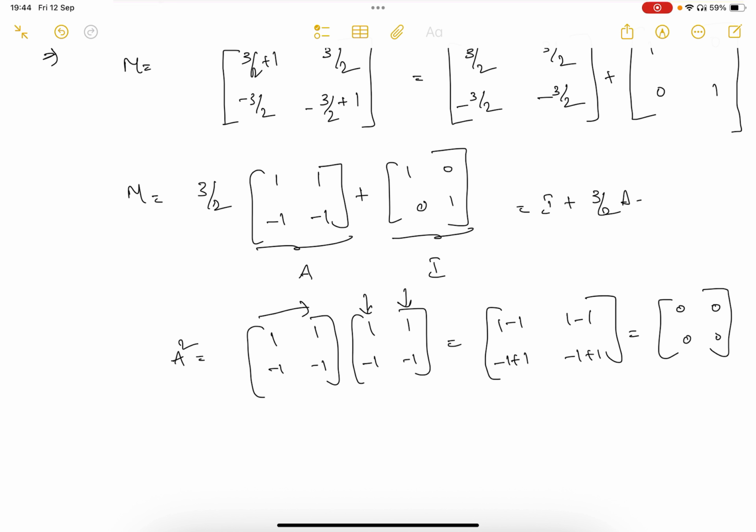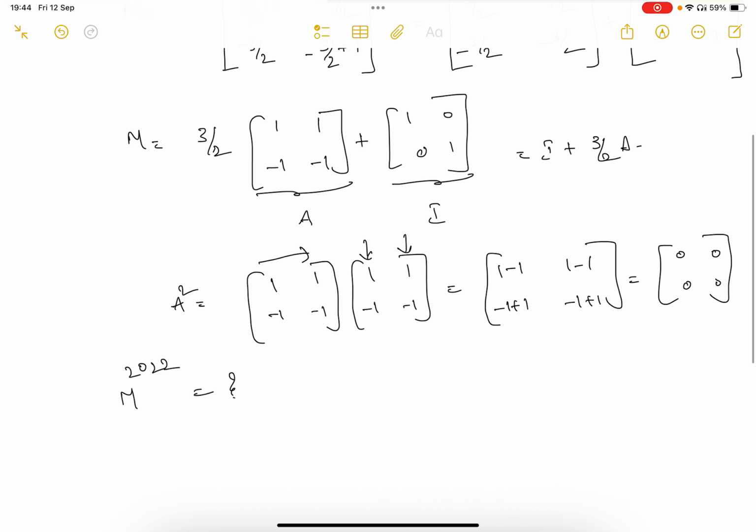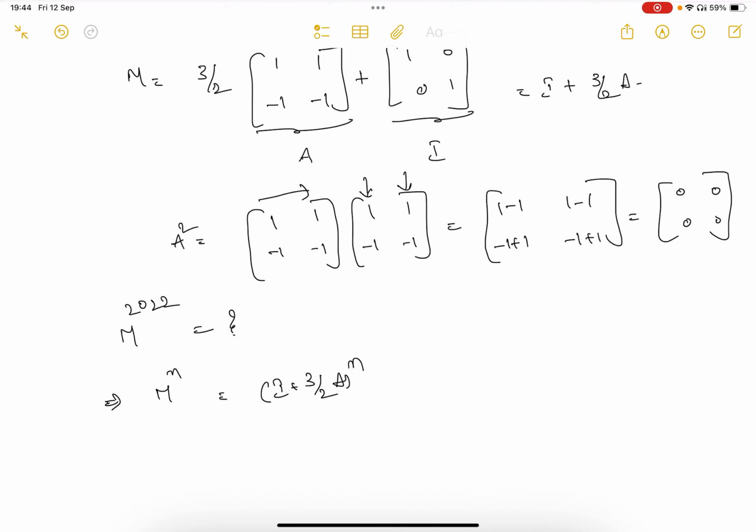We need to figure out M power 2022, that's the question. So, M here is I plus 3 by 2 A. If you want to figure out M power n, then this will be I plus 3 by 2 A, whole power n, right? This is the formula for a plus b whole power n.